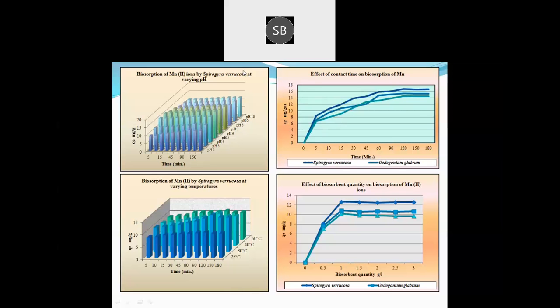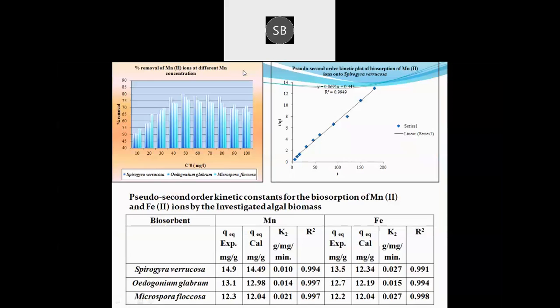Then the percent removal and the amount of metal ion concentration required were also determined. Now, regarding the pseudo second order reaction, chemical kinetics was also studied. So mostly it was a second order reaction. See here in the table, we got R square values. Next slide, madam.